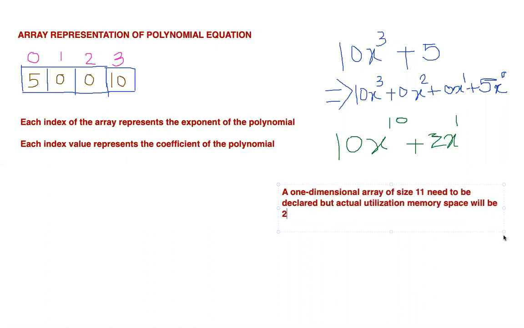So that's why, as we have seen in the case of sparse matrix, similarly, if we are using the array representation of the polynomial, and if the polynomial has a very small number of exponent terms, then it could lead to a wastage of memory. So that's why polynomial equations are also represented using linked lists, which we are going to see next.